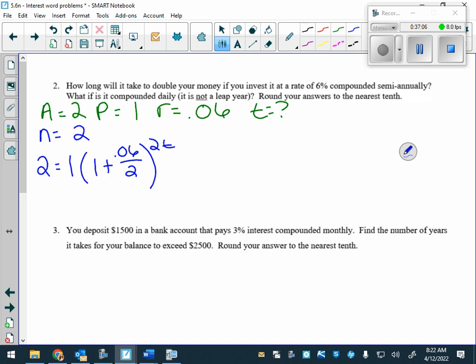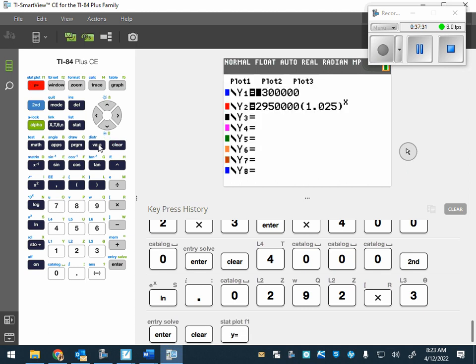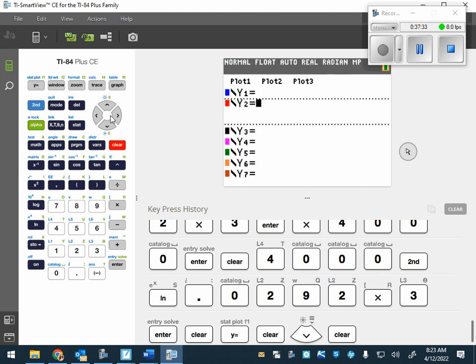So since we're finding t, what do we have to do? We have to graph it. Y1, Y2. And our window isn't going to be that large. So we'll go into y equals. Let's clear everything out in here.